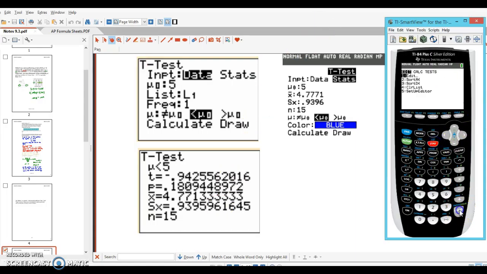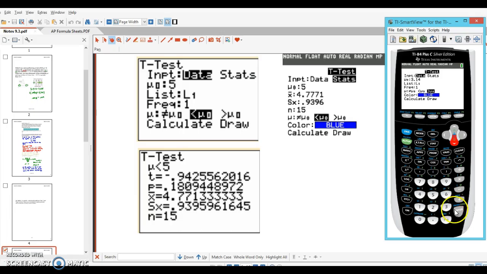So I'm going to go to stat tests and just do a t-test. Okay, since I have numbers in there, I'm going to use data. If I had just the mean and deviation given to me, I would use stats and fill it in. But if I choose data, the calculator will just need to know what list I have it in.